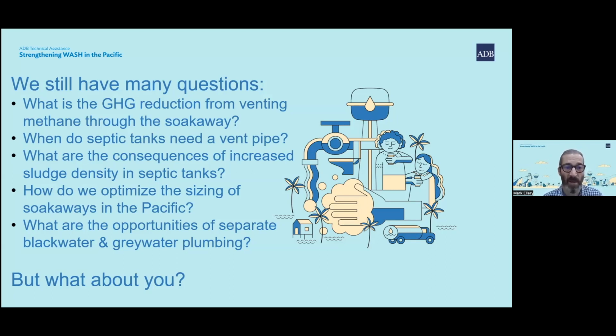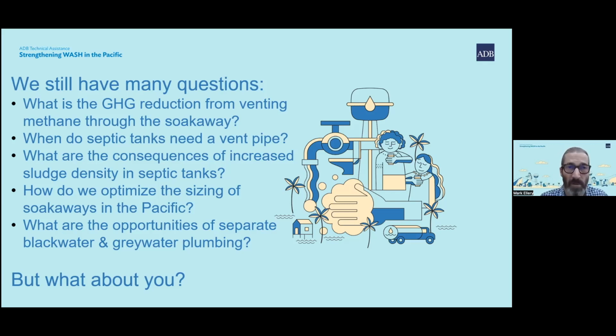There are also opportunities for optimizing soakaway sizing based on the separating of black water from grey water, which we know is quite common in the plumbing in the Pacific. But what that means in terms of soakaway sizing, we're still trying to learn.